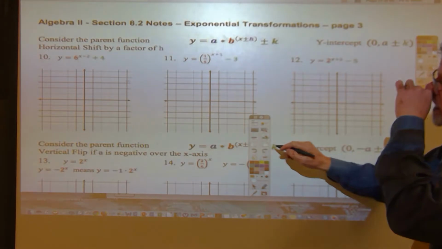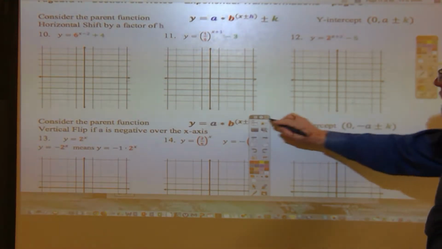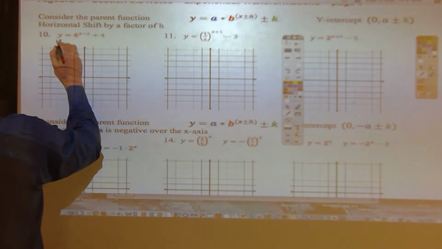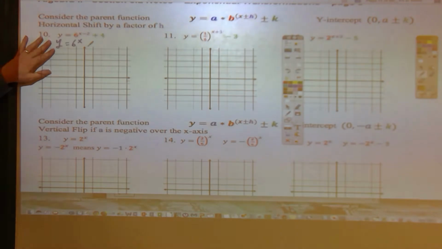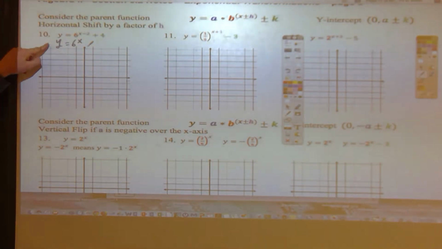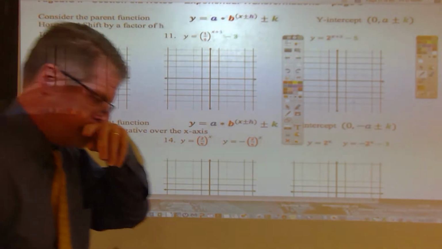So now let's do a few examples with these. Let's go to problem 10. Would you please write down the parent graph for this one, which is y equals 6 to the x. Take a moment, sketch the graph of the y equals 6 to the x parent function, and then we'll go through a procedure to obtain the child of that parent.